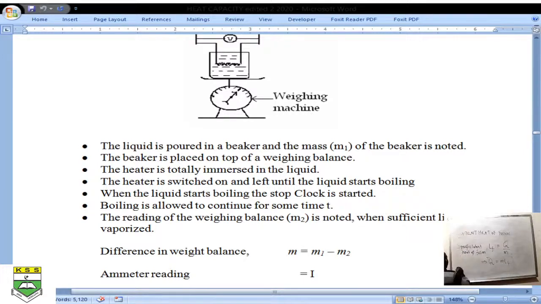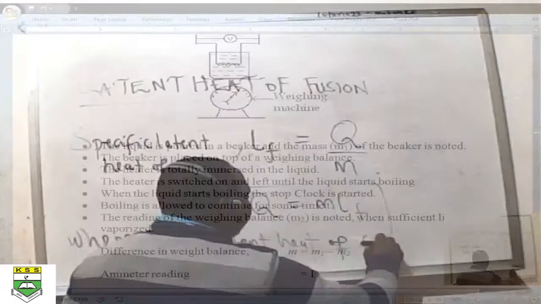Q is the latent heat, this amount of latent heat of fusion.